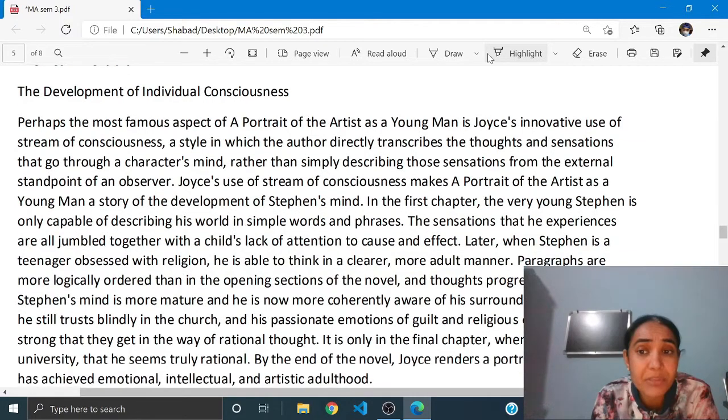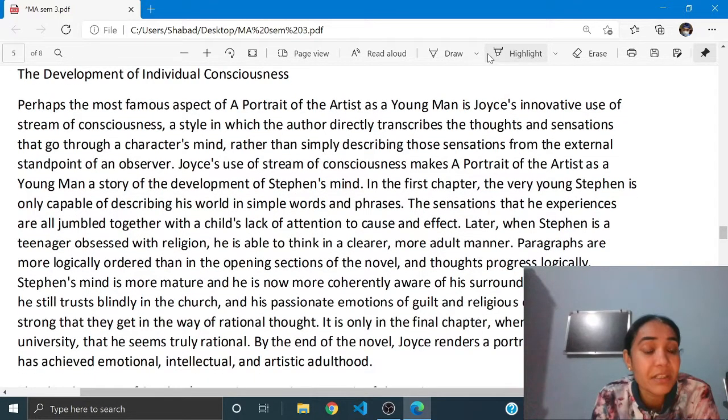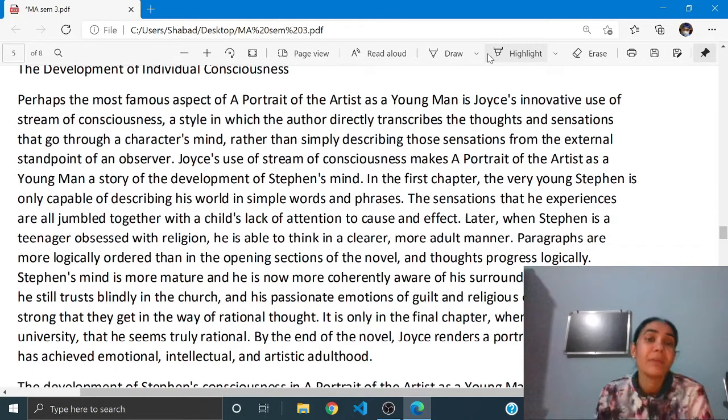In the first chapter, the very young Stephen is only capable of describing his world in simple poetic words and phrases. The sensations that he experiences are all very unclear. Later, when Stephen is a teenager, he is obsessed with religion.